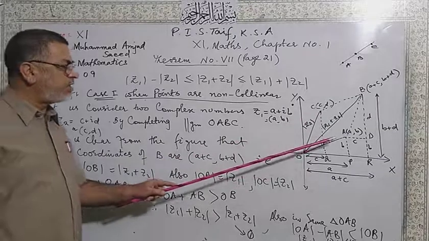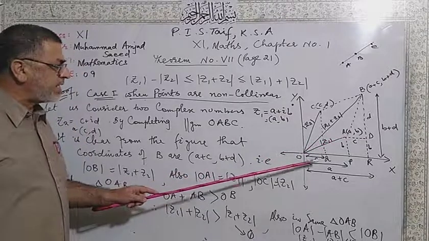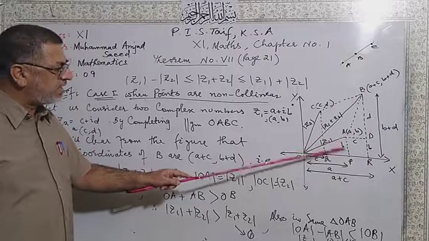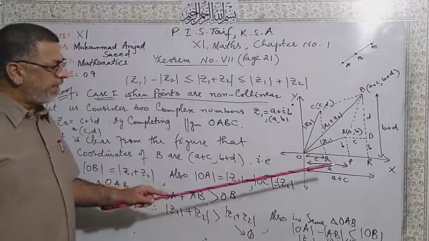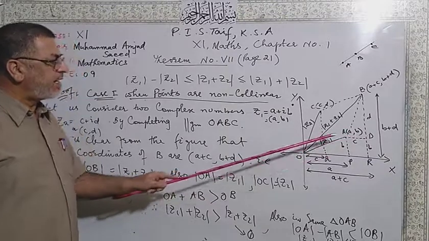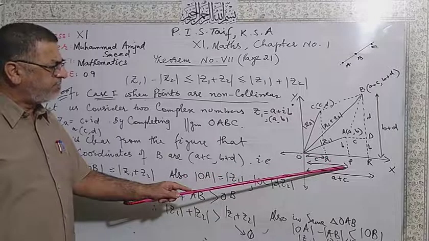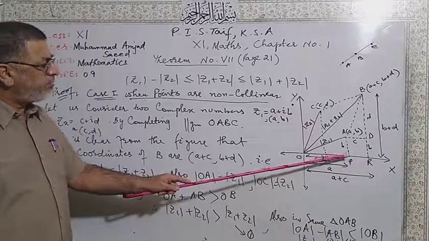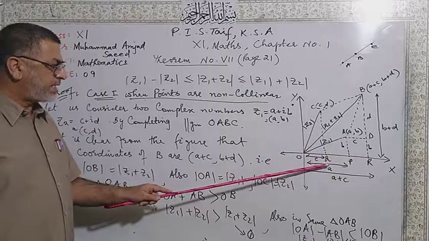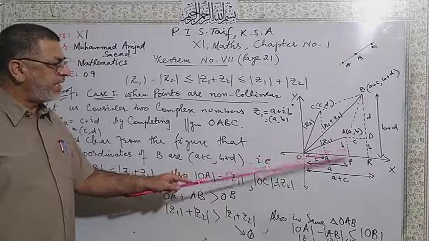Remember that if you want to reach A(a, b), you move a unit along the x-axis and b unit along the y-axis. Again, I am repeating: A(a, b) means that you have to move from the origin a unit up to P and b unit from P to A. So this is the X component OP, and the Y component is AP, that is b.